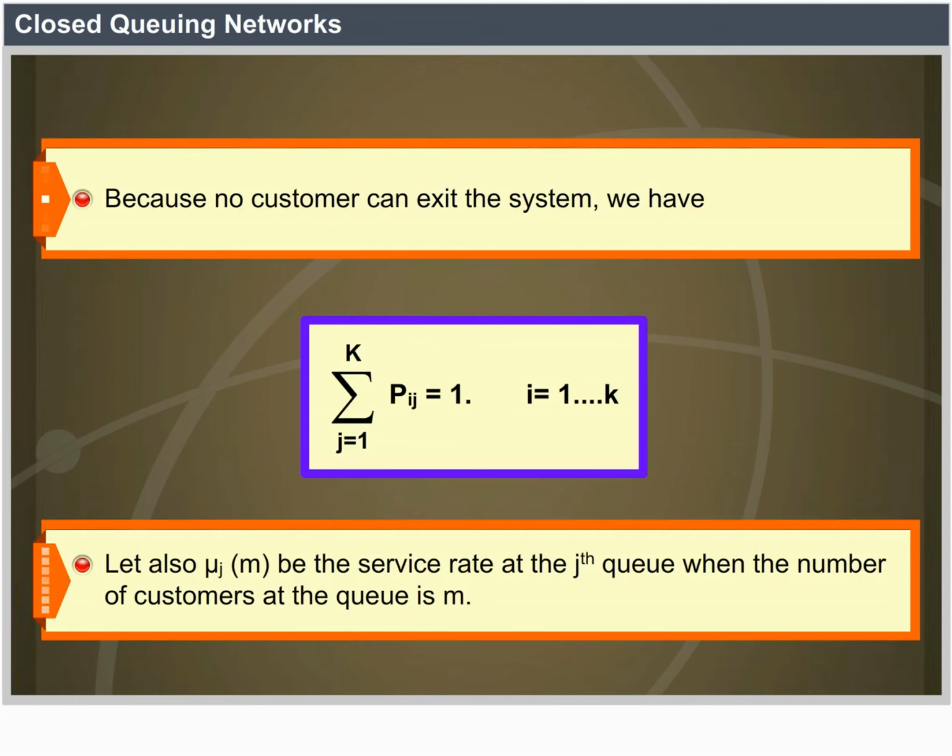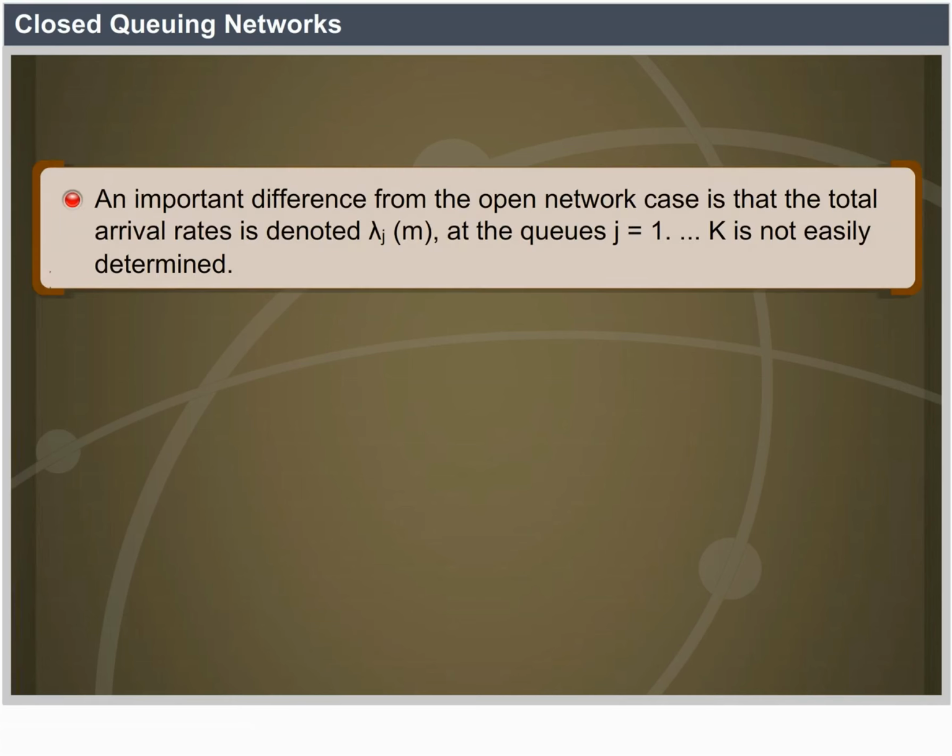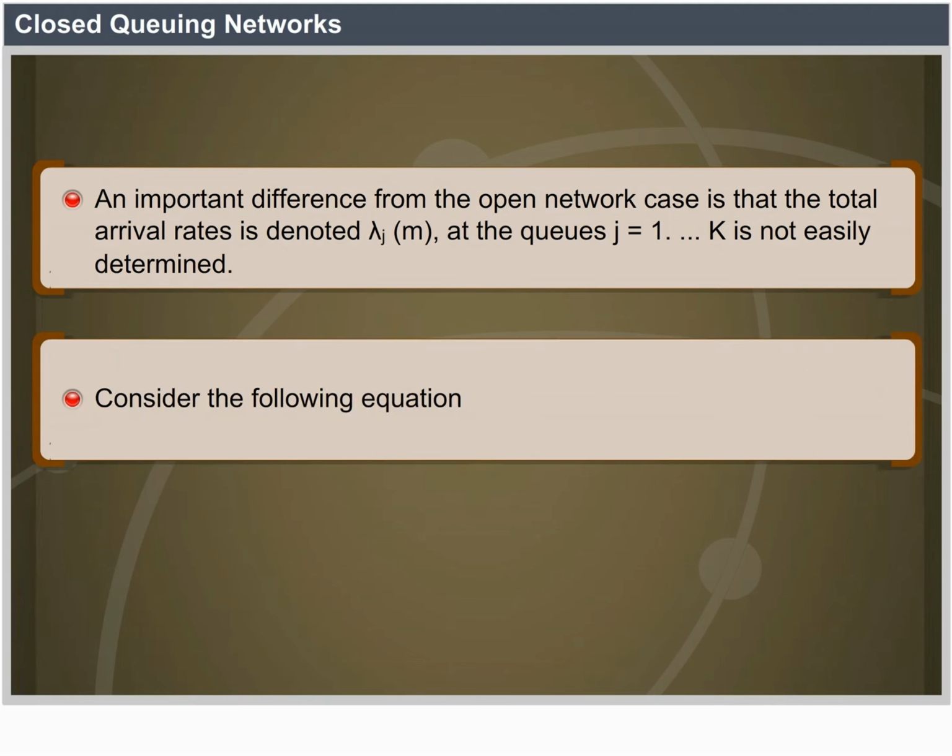Let also μj(m) be the service rate at the jth queue when the number of customers at the queue is m. An important difference from the open network case is that the total arrival rates, denoted λj(M), at the queues j = 1, ..., k are not easily determined. Consider the equation.